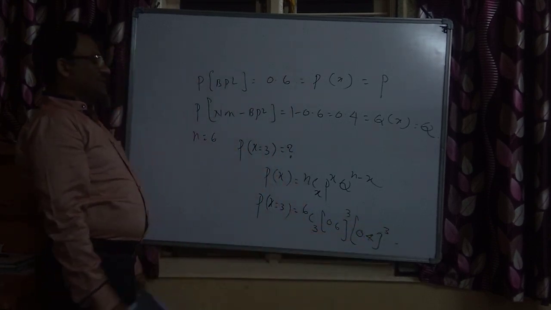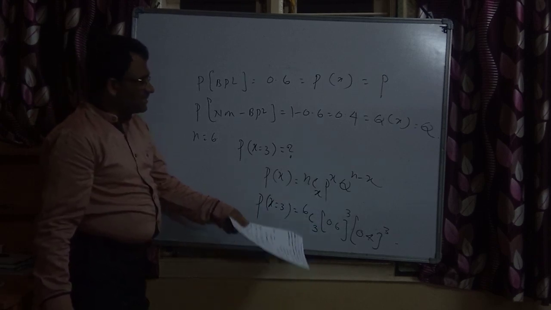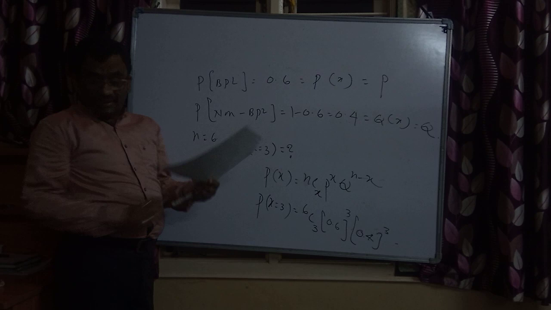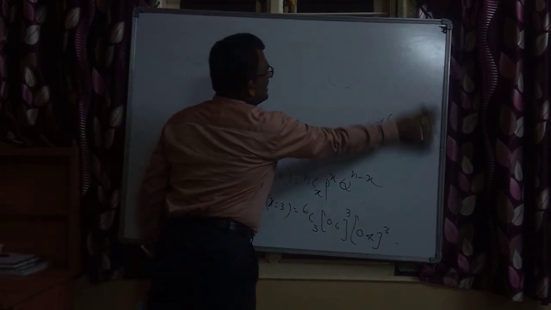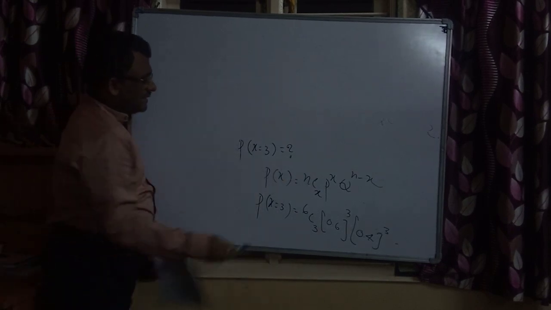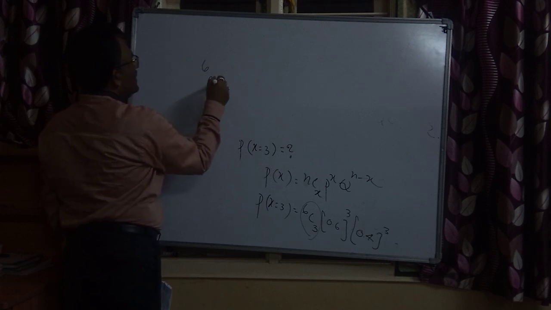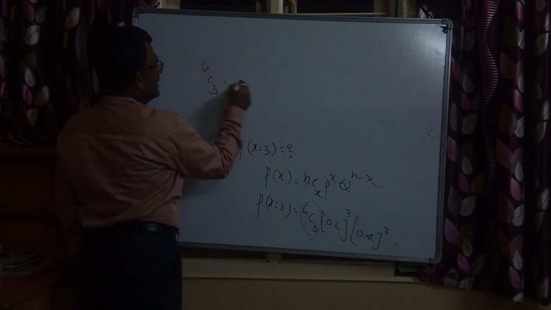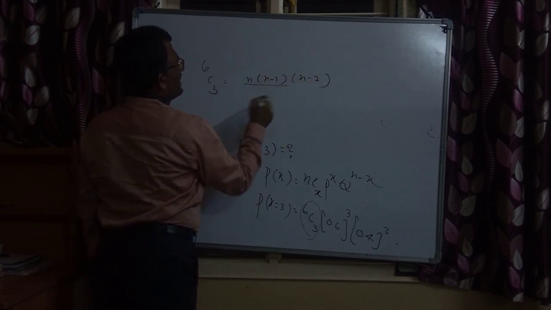We have to simplify this. To simplify 6C3, you can use the identities of combinations. 6C3 is of the form NC3, that is N into N minus 1 into N minus 2 divided by 3 factorial.